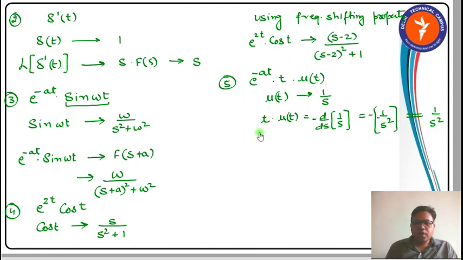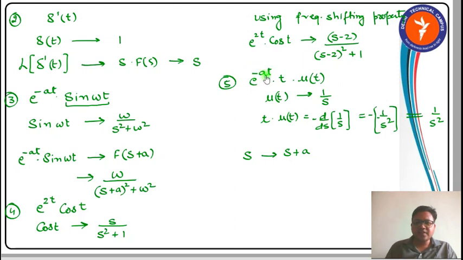Now we will use the frequency shifting property, as this function is being multiplied with e raised to power minus at. So using the frequency shifting property, I will shift s with s plus a, that is I will add the negative part of it.